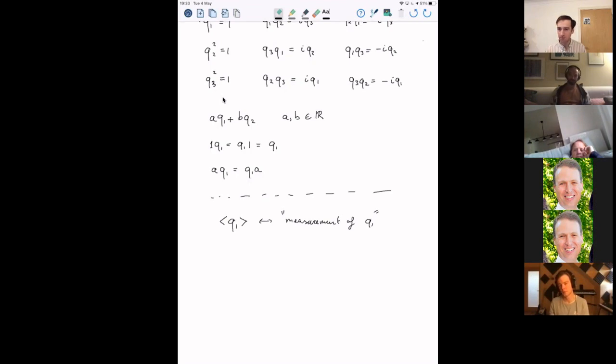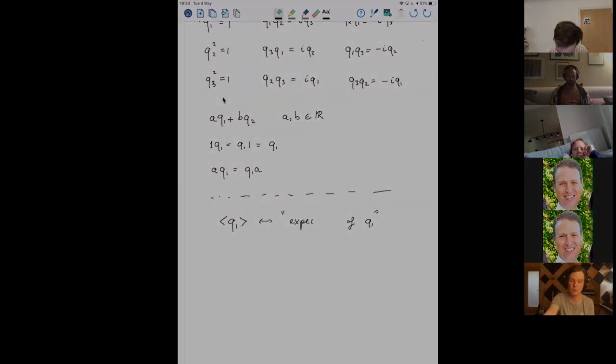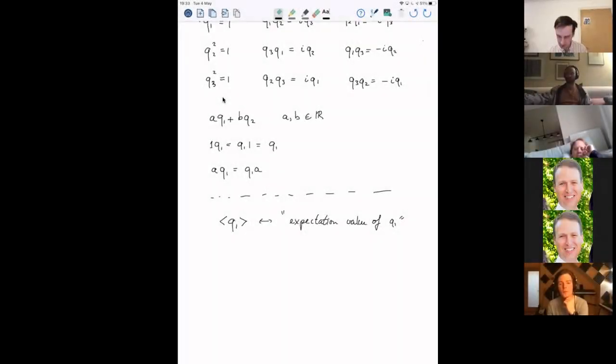Instead of calling it the measurement, I'll just call it what everyone calls it. It's the expectation value. And this is the thing that we can observe in a laboratory experiment.